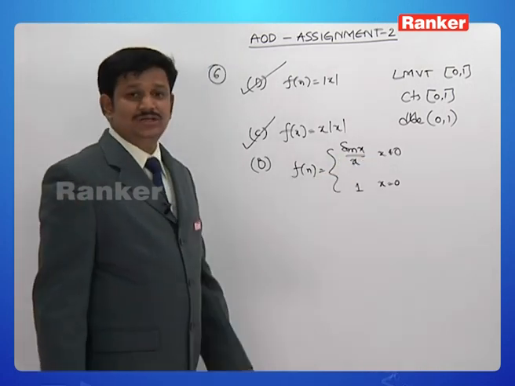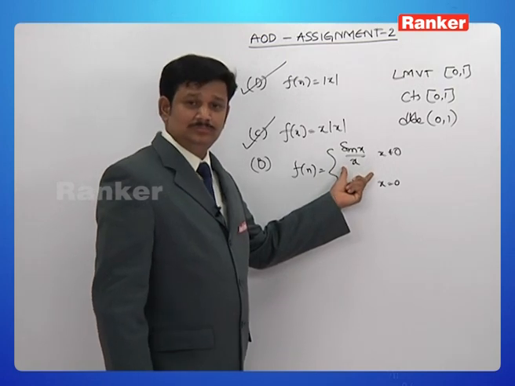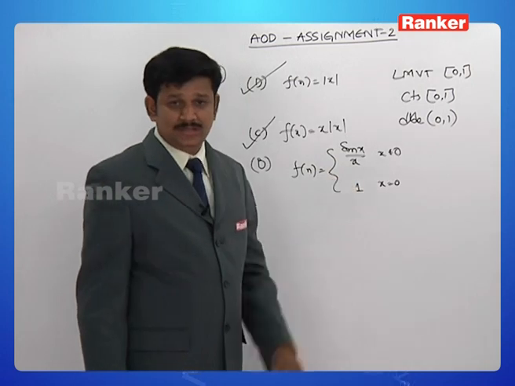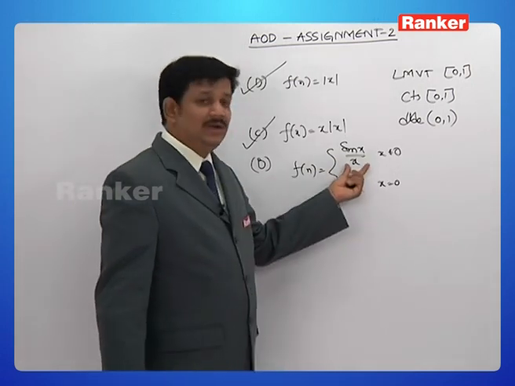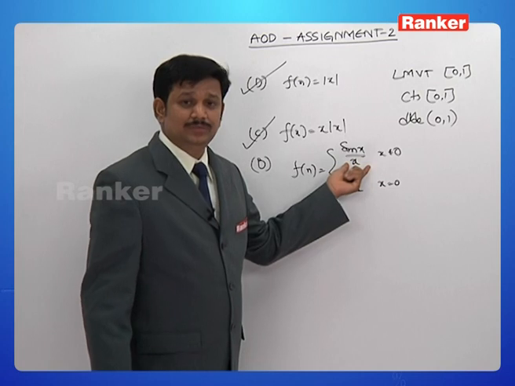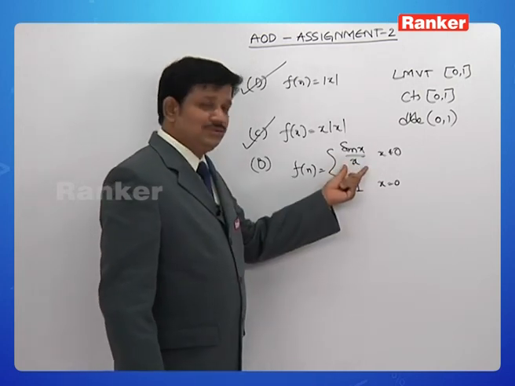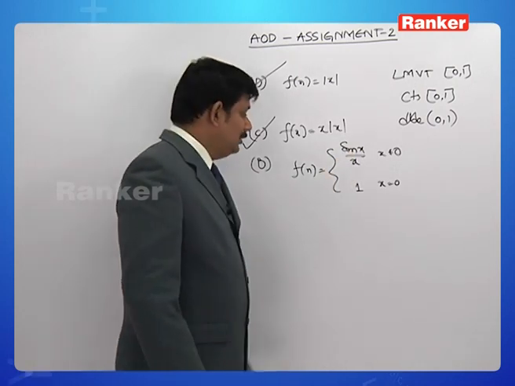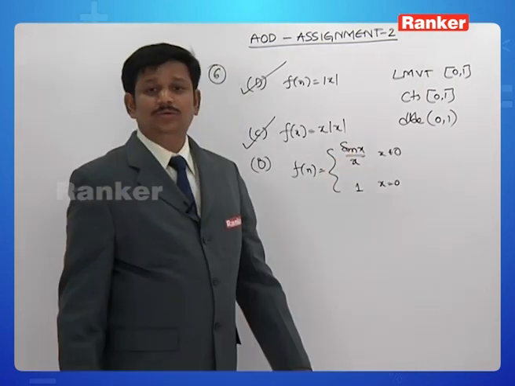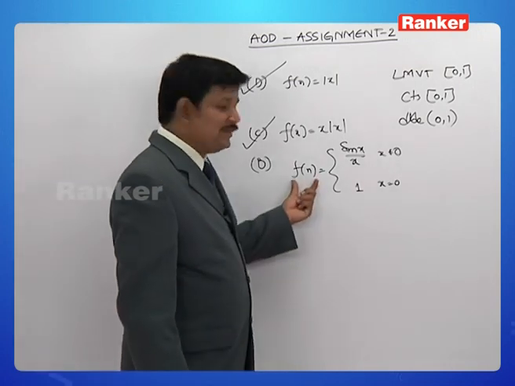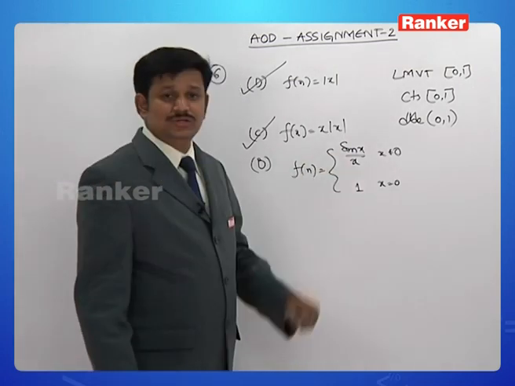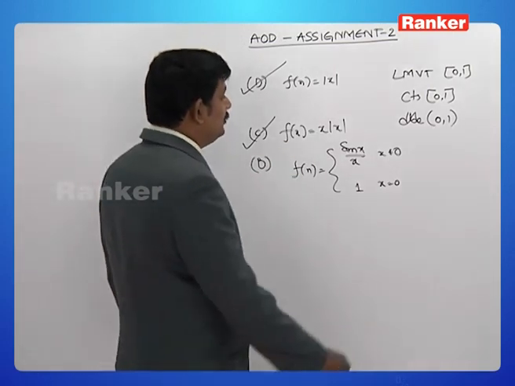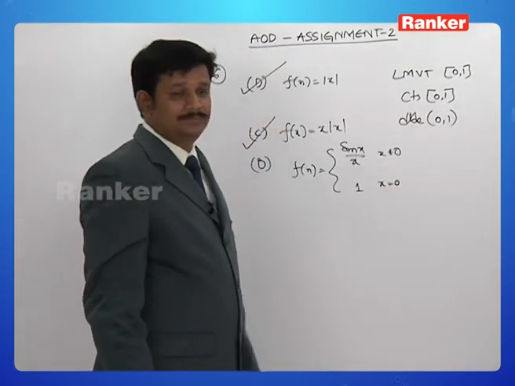Sin x by x is always continuous, because sin x is continuous, x is continuous and the ratio will be continuous provided the denominator is not 0. Now, when x is equal to 0, the limit as x tends to 0 of sin x by x is 1 and f of 0 is also 1. So, f of x is continuous at x equal to 0 as well. So, f of x is continuous on R. So, it will be continuous in closed 0 to 1.